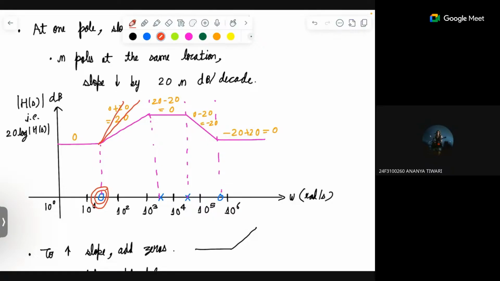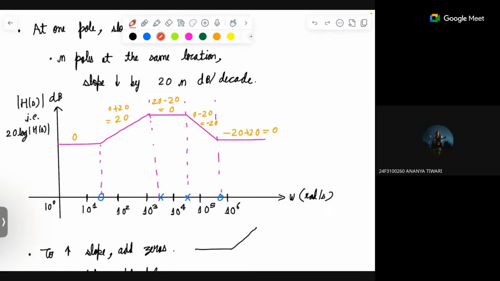So if I keep on adding zeros, this transition is going to get sharper. So I will get more slope. Is this clear? Yes, ma'am. So I will get a much better band pass filter because the sharper the slope gets, the better it is, right? Is this clear, class? Yes, ma'am.